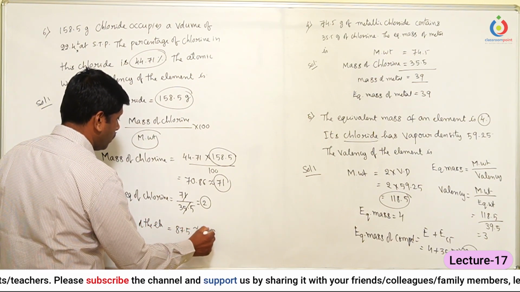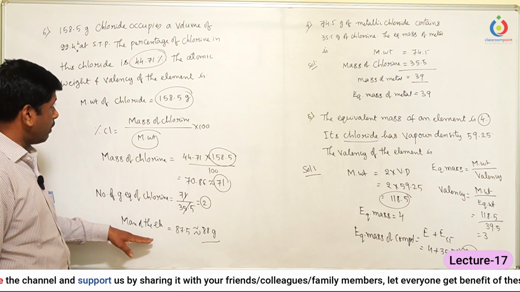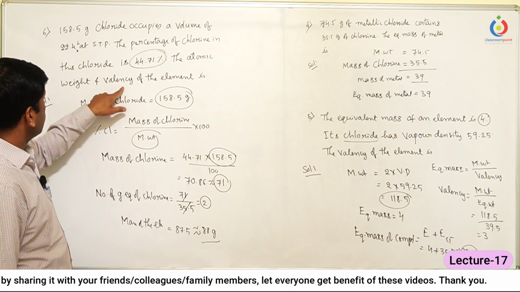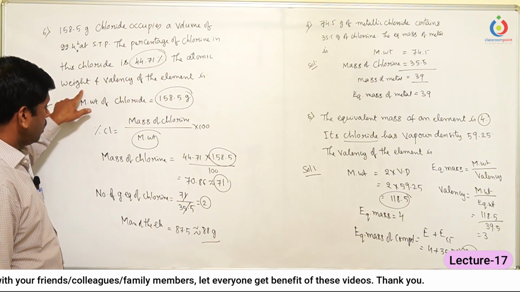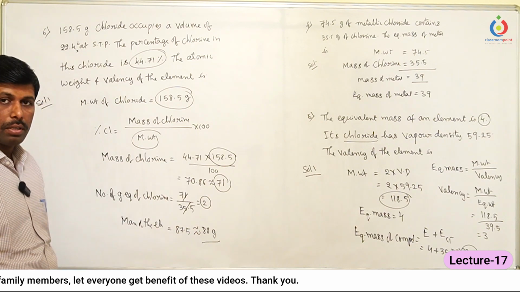Approximately equal to 88 grams. So anyhow, directly we got the mass of the element, and they did not ask about the rest, only atomic mass is asked. So atomic mass is equal to 88 grams of the element.